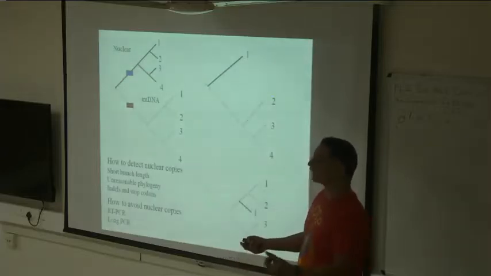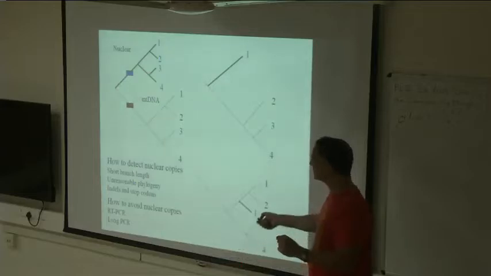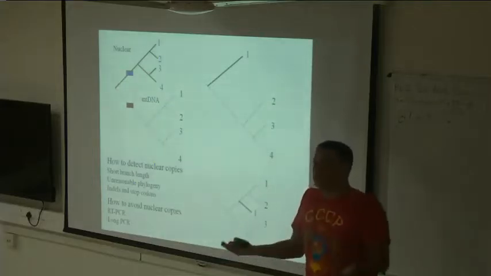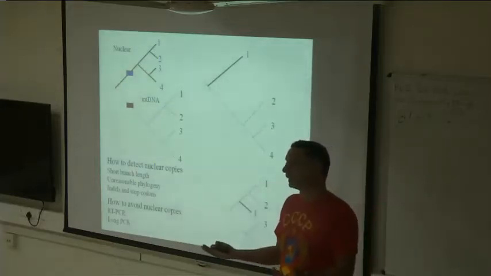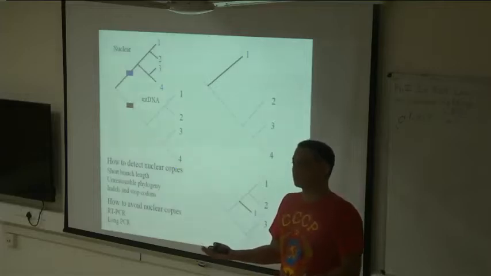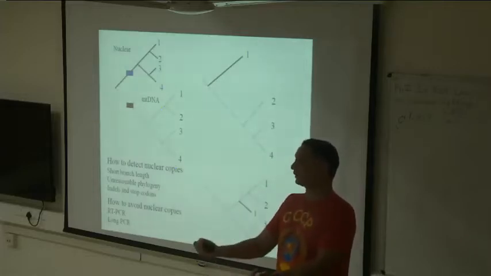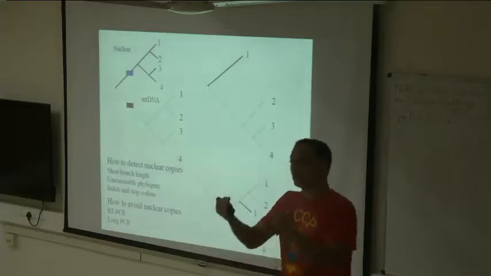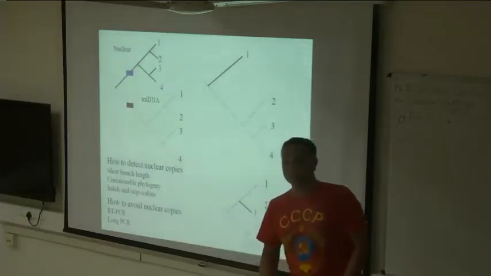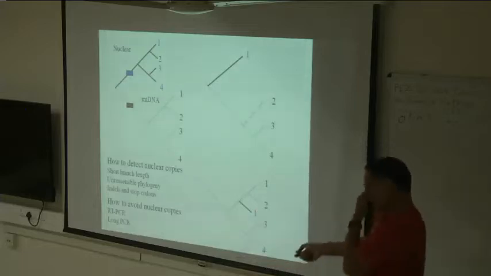This is to ensure, because once it is transferred to the nuclear genome, it's a pseudogene, so it is not being expressed. So if you pick the mitochondrial mRNA and get your cDNA from that, you have picked the mitochondrial copy.